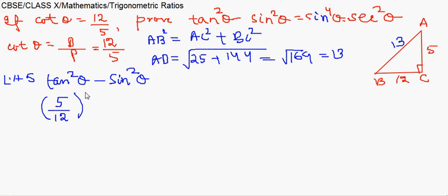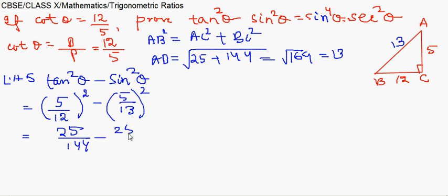So it is 5/12 whole square minus sine theta. Sine theta is perpendicular by hypotenuse, so it is 5 upon 13 whole square, which gives me 25/144 minus 25 upon 169.